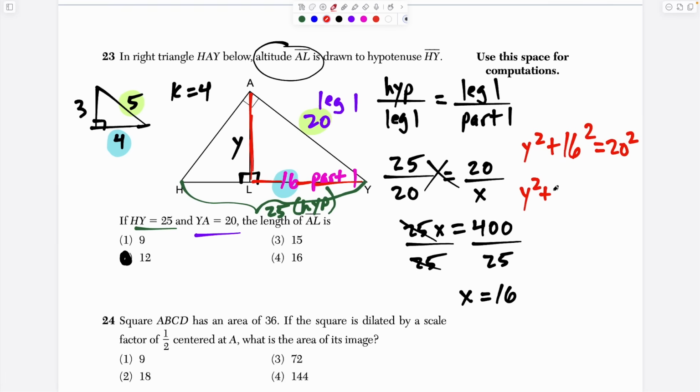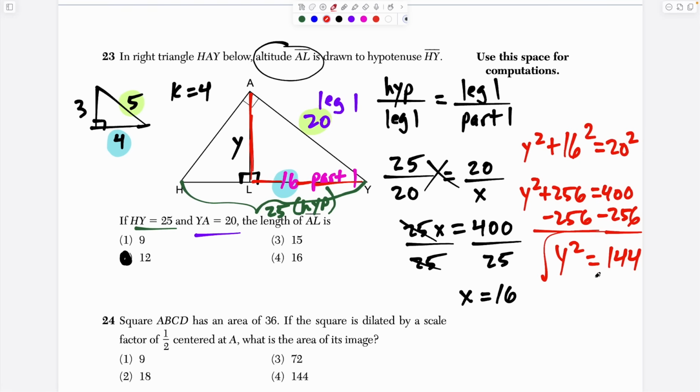And that gives us y squared plus 256 equals 400. Then subtract 256 on both sides, and we'll have y squared equals 400 minus 256, which is 144. Then we take the square root of both sides and we still get 12. So either way we're getting 12. I just think this one here has a little bit more style.